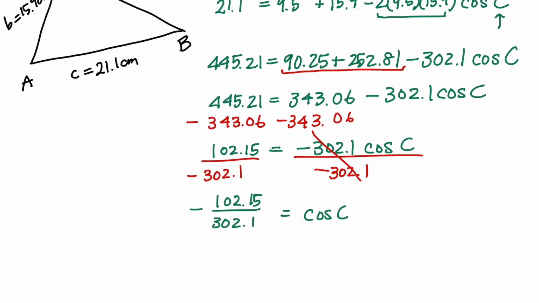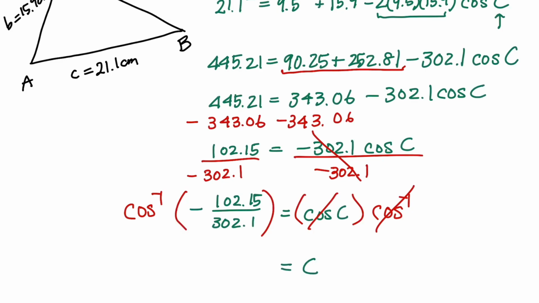Then for your last step, we're going to have to undo the cosine function, and we do that by taking the inverse cosine of both sides. Then that allows us to find the value of C, which now is in calculator-ready form. So this is the exact answer.